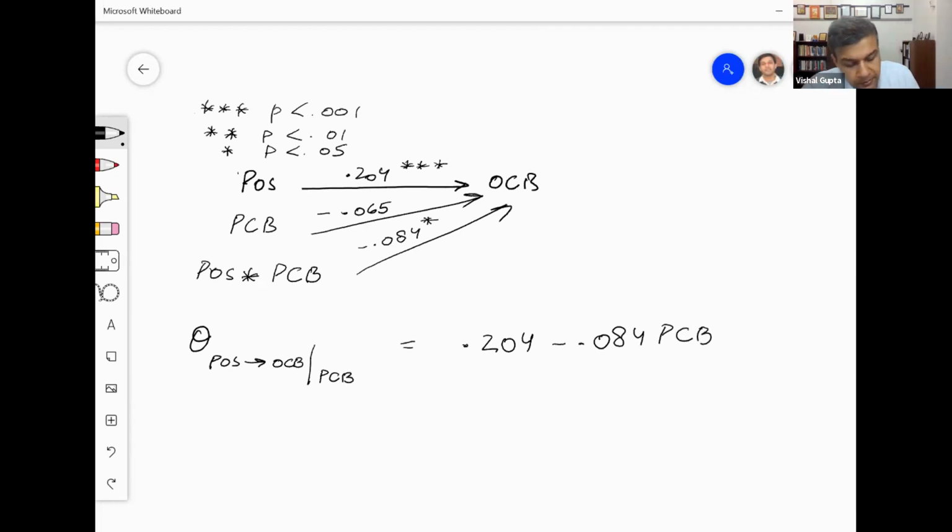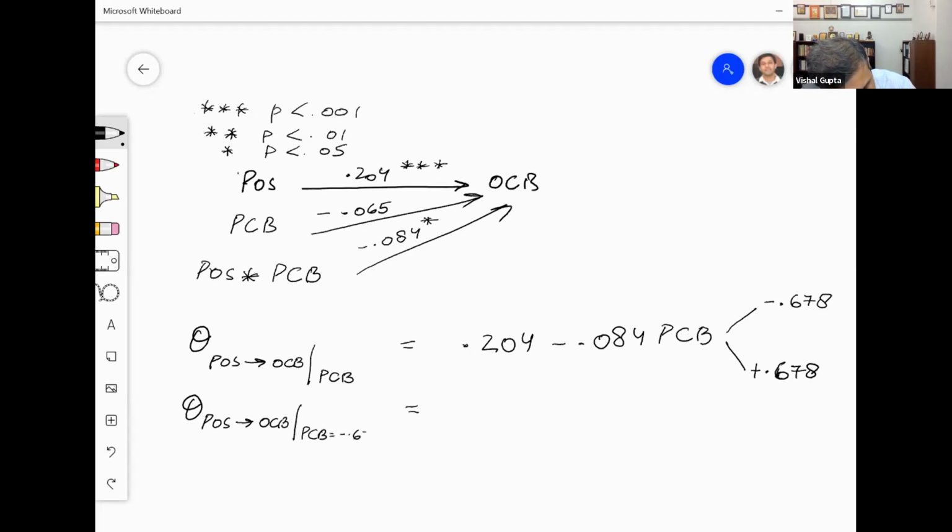Okay. Now the PCB we know takes two values. Low value is minus 0.678 and the high value is mean plus 1 SD, that is plus 0.678. So what will this be at theta POS, when PCB is equal to minus 0.678?